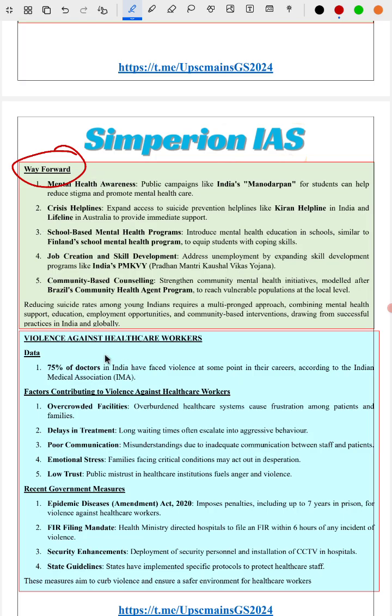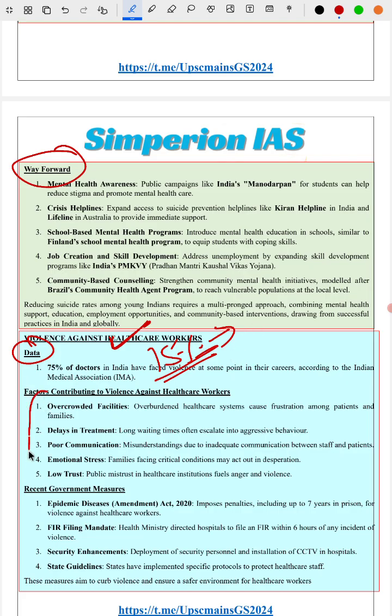Next, another emerging topic, especially seen during COVID and seen even today, which is unfortunate, is violence against healthcare workers. We have covered one data, that is 75% of health professionals sometime in their career experience some form of violence against them. It is unfortunate.